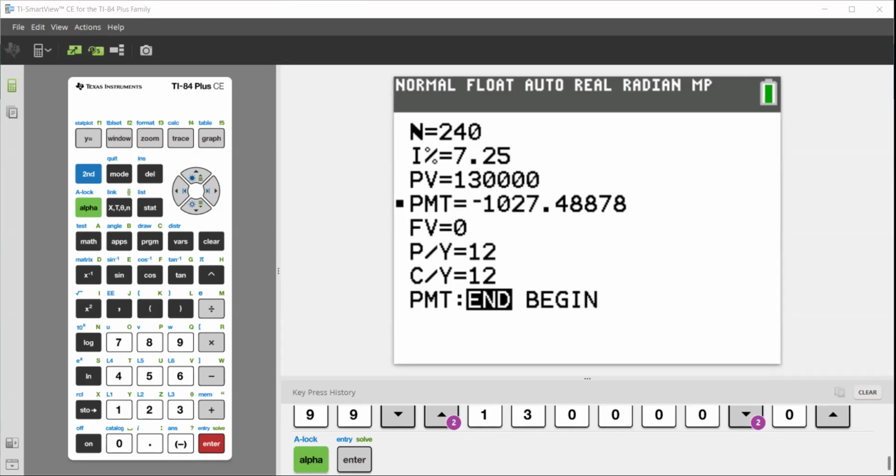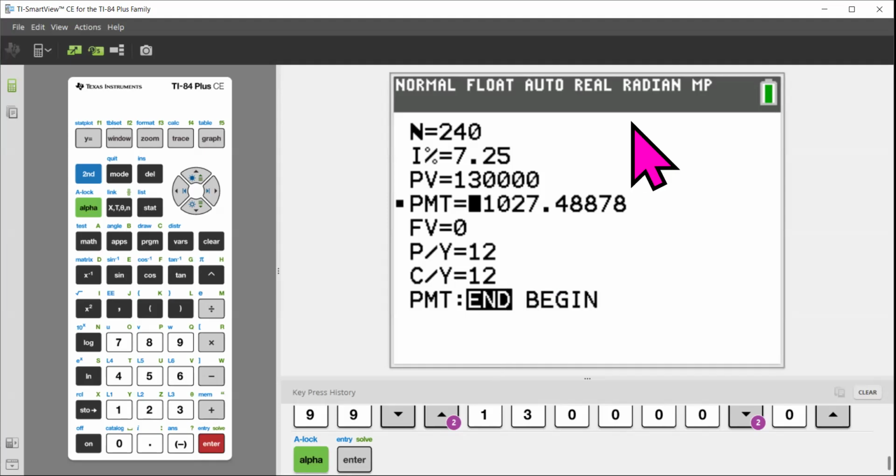Hold on. I was writing the result in my notes. Okay, that's correct. So now let's go back to the notes.